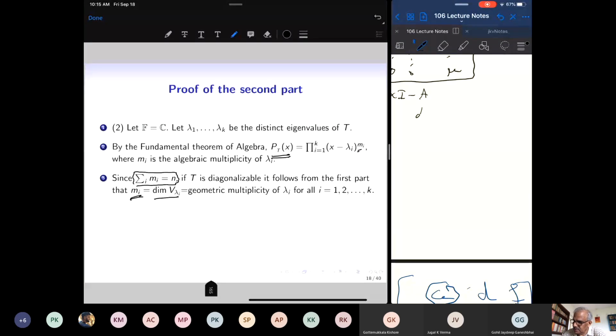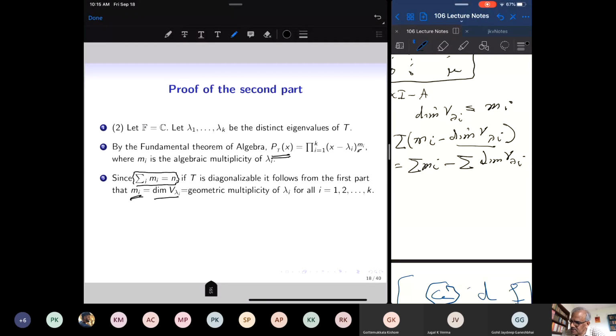So the dimension of V lambda i is smaller than or equal to m i. Taking the sum of m i minus the dimension of V lambda i, this is equal to the sum of m i minus the sum of the dimensions of V lambda i. If all the geometric multiplicities are equal to the algebraic multiplicities, the left hand side is 0, so the right hand side is 0, and therefore n is equal to the sum of the dimensions of the eigenspaces.